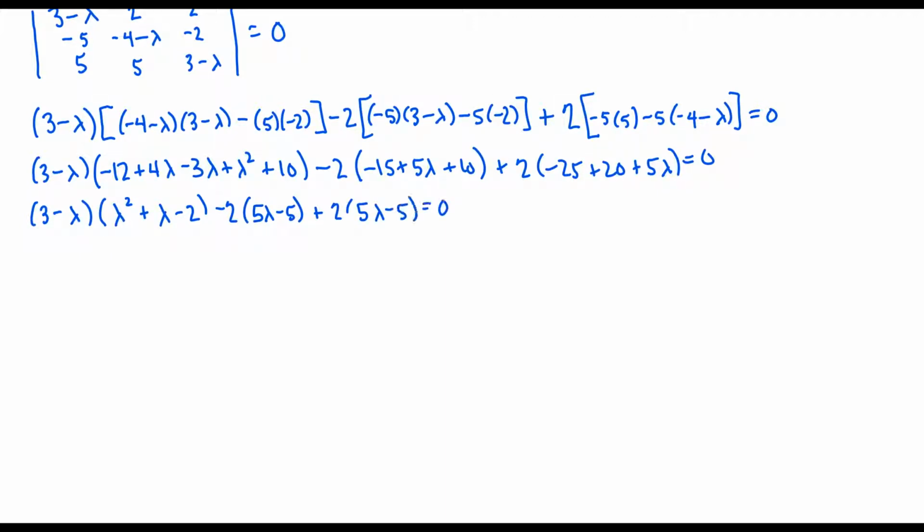Looks like the last two terms cancel, and so we just have to multiply this binomial times the trinomial. So I'm going to start by distributing the 3, and then distributing the lambda. And then we have a polynomial equation in lambda that we need to solve.